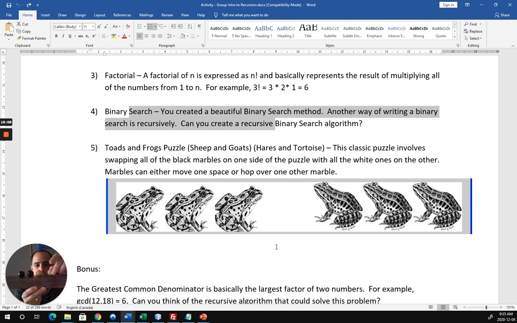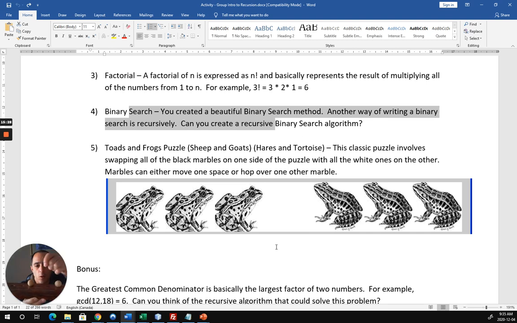So in other words, if I move this here, I'd be deadlocked because I can't move anything anymore. If I move this over here, I can hop in this direction. I could slide this over this way. I could hop over in this direction, but now I'm deadlocked again.